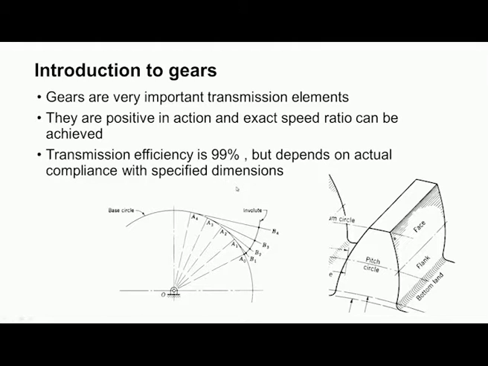dimensions of the gear. Here we can see a tooth of a spur gear, and some of the terms also. This is the face and the flank of the tooth and the bottom land of a tooth. Now, what we can observe here is a particular profile of the tooth.